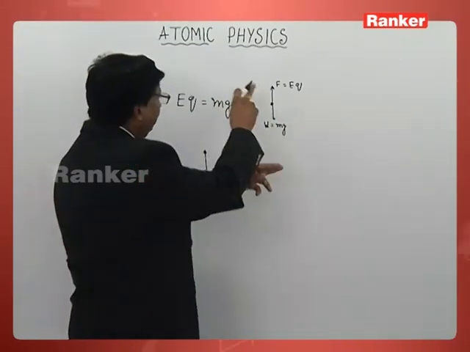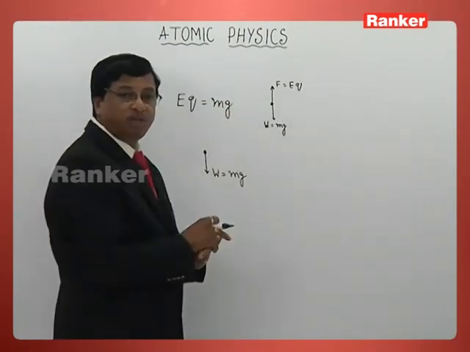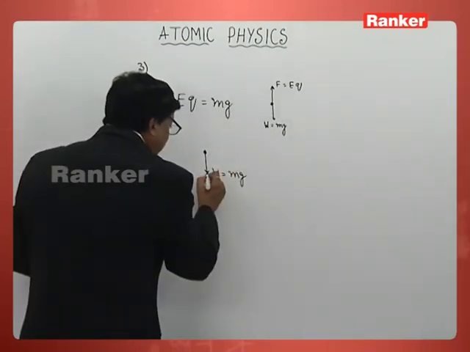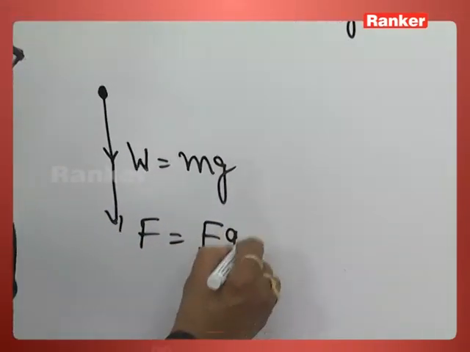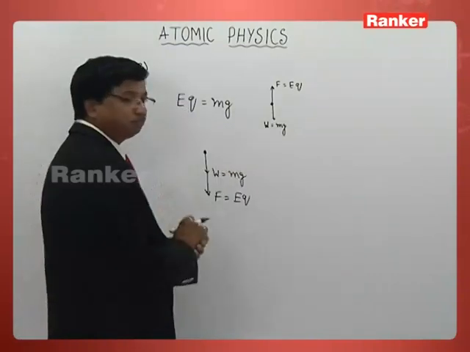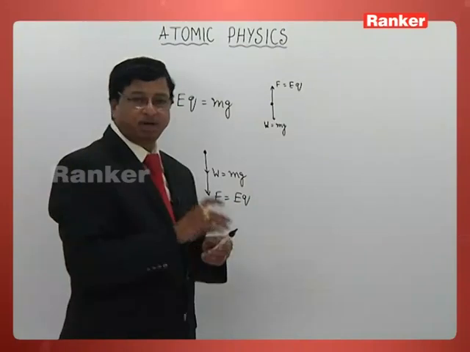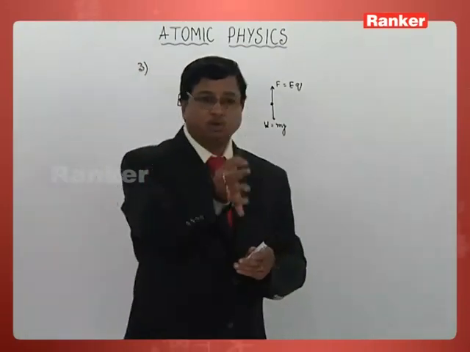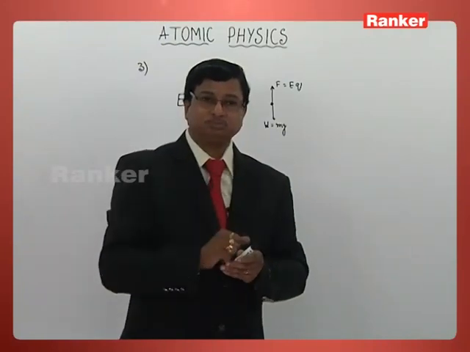When the polarity is interchanged, the charges of these two plates are changed, then the force due to the electric field also acts downwards on this particle now. Why? Because earlier, suppose the particle was going up due to the electric field, and due to weight it is coming down.